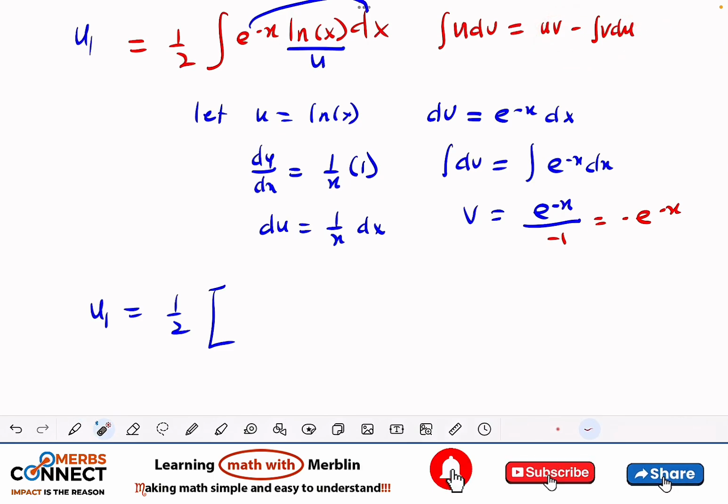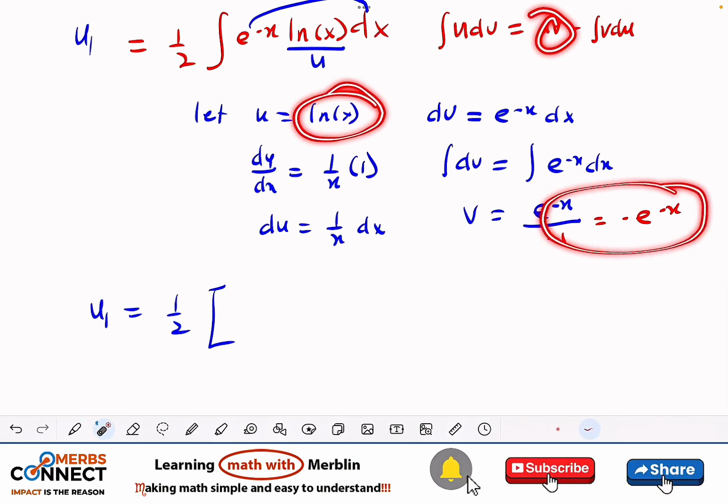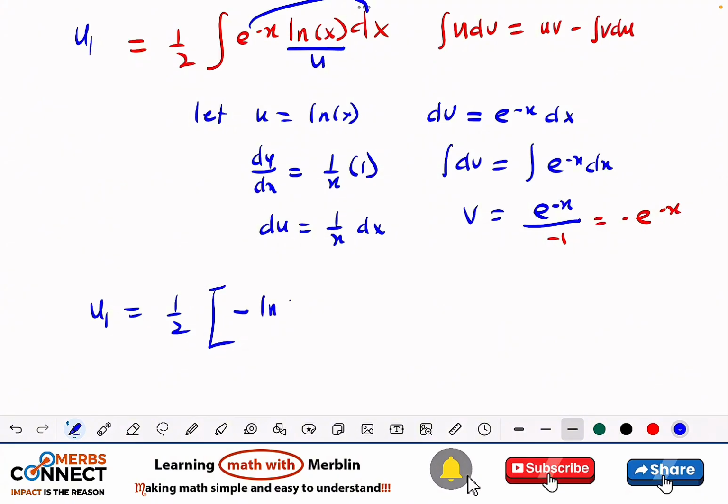So u times v is going to give us minus ln of x times e to the power minus x, then minus v du, which is minus e to the power minus x times du, which is 1 over x dx.